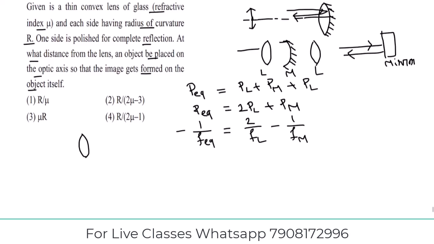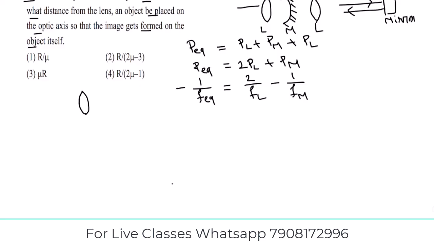So now calculate FL and FM. For the lens, we know that 1 by FL is equal to mu lens divided by mu surroundings, minus 1. The surrounding is air, so this is basically mu minus 1, times 1 by R1 minus 1 by R2.